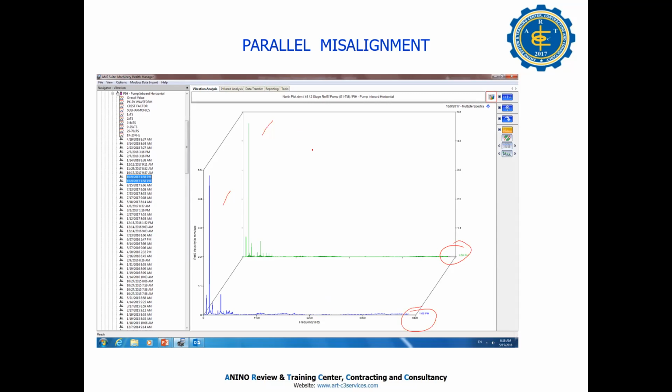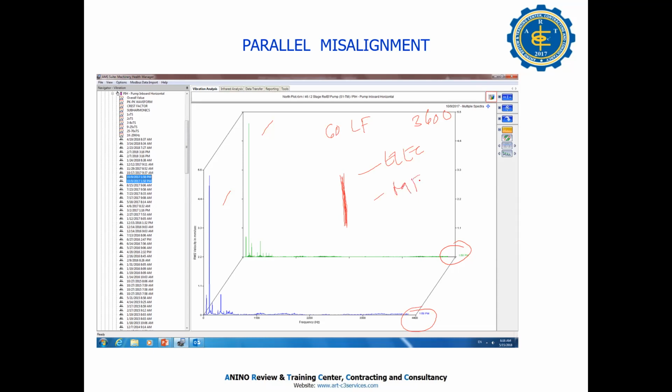But with parallel misalignment, if your country is 60 hertz line frequency and your RPM is 3,600, then your 2X is high, and there is a question whether it is an electrical problem or mechanical.